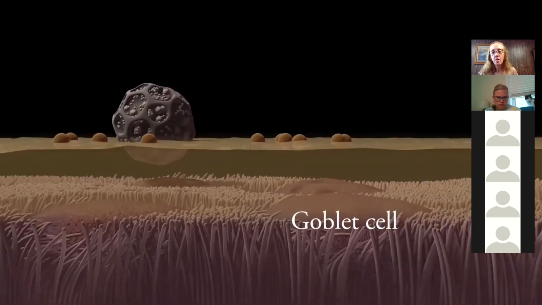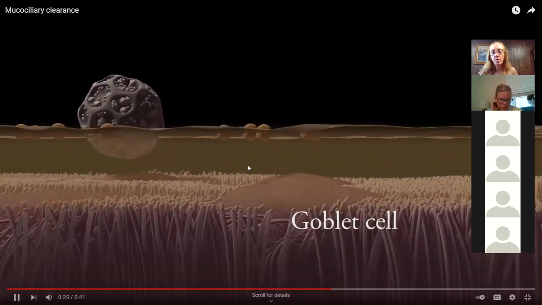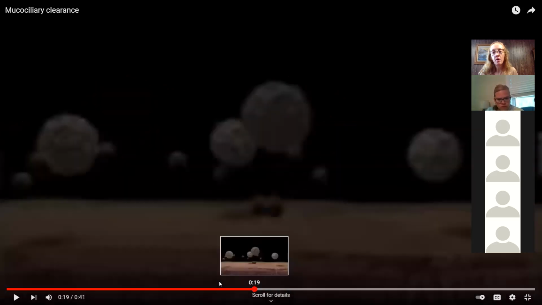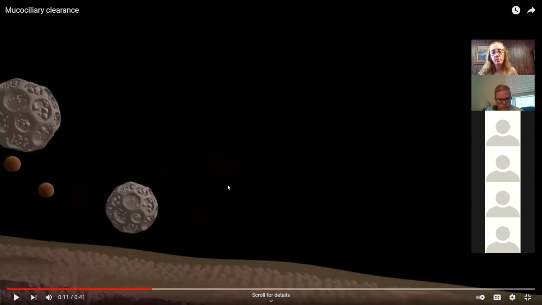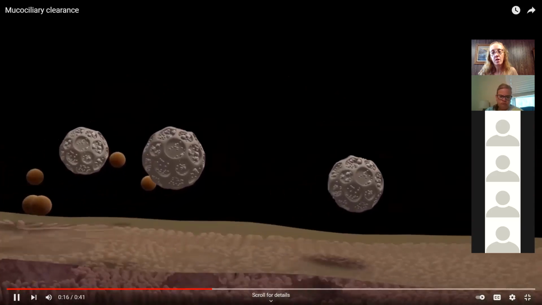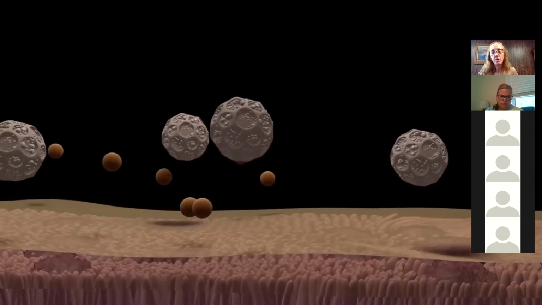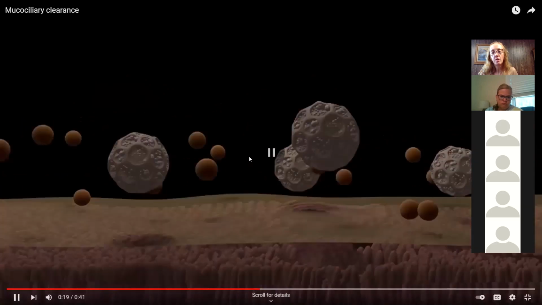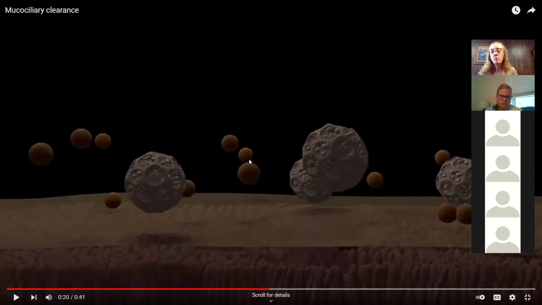Goblet cells secrete viscous mucus that forms a layer. So they do this little power stroke thing to propel the mucus along the surface.